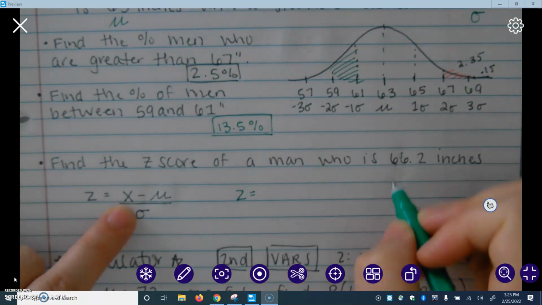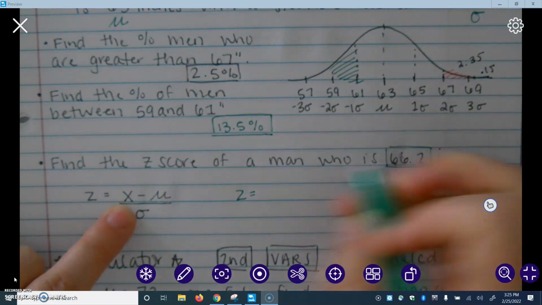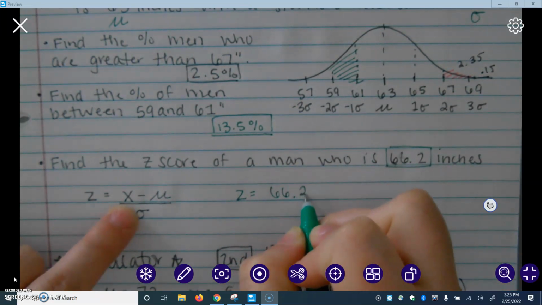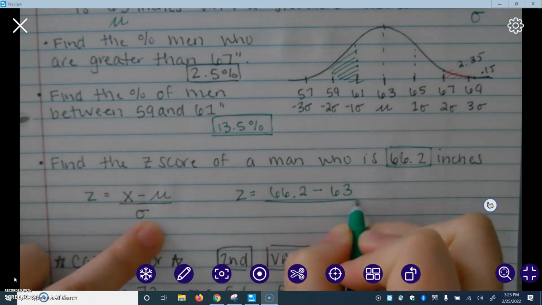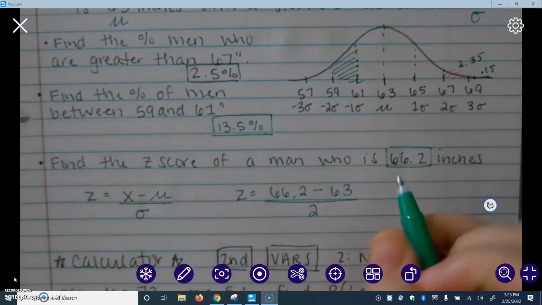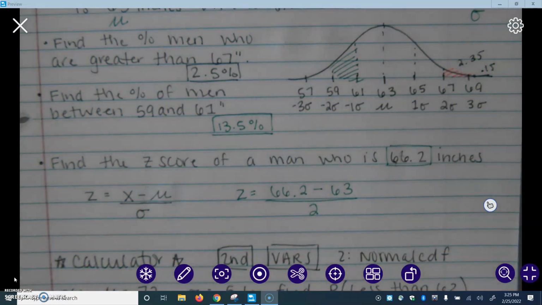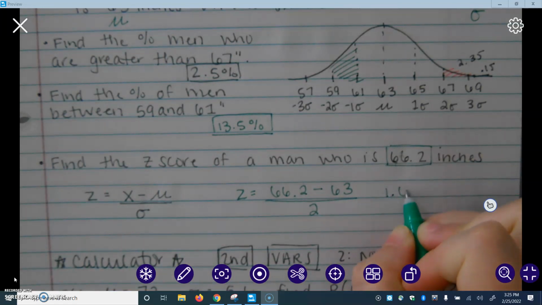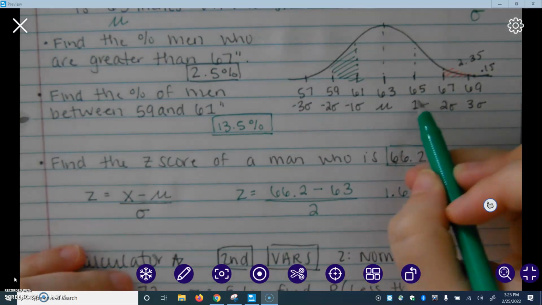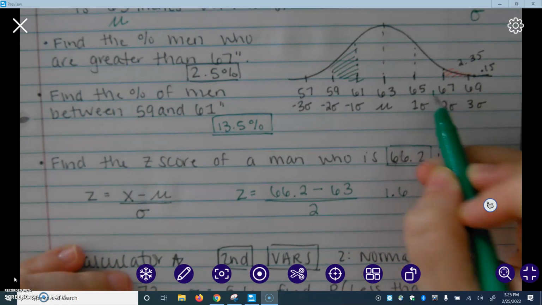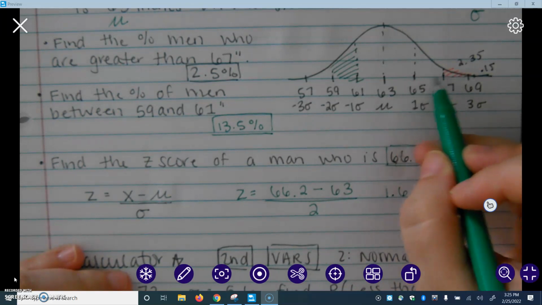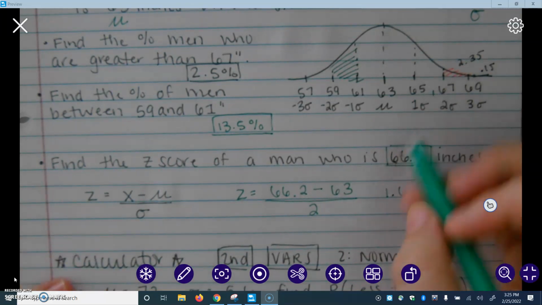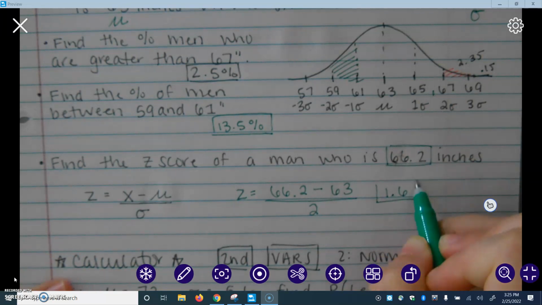The x stands for the number that you have in your data set, minus the mean, which was 63, divided by the standard deviation, which was 2. So I'm just going to type that in the calculator. And I got 1.6. So 1.6 is somewhere in between 1 and 2, so that should make sense because 66.2 inches is in between 65 and 67 inches. So that is my z-score.